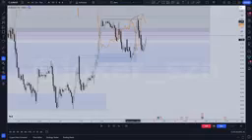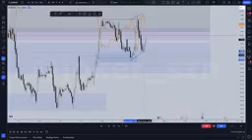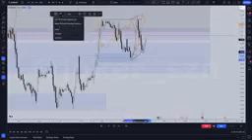So you can see we have taken out the swing high, but the euro failed to make a lower low here, right? So at this point we have an SMT divergence between euro and DXY, right?